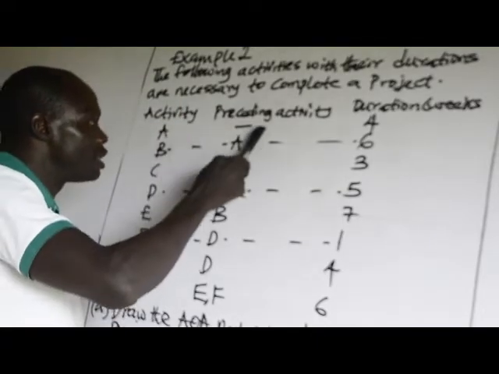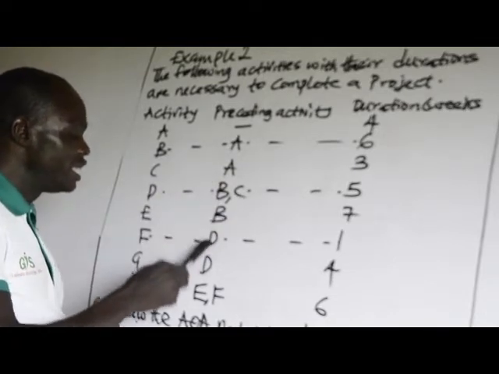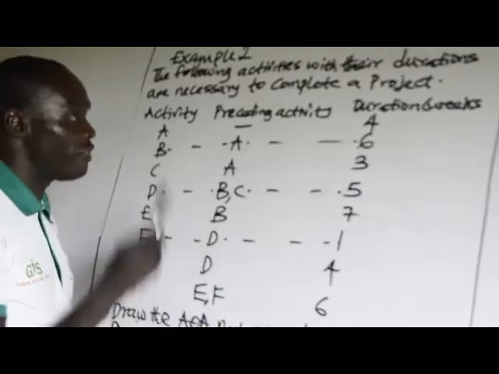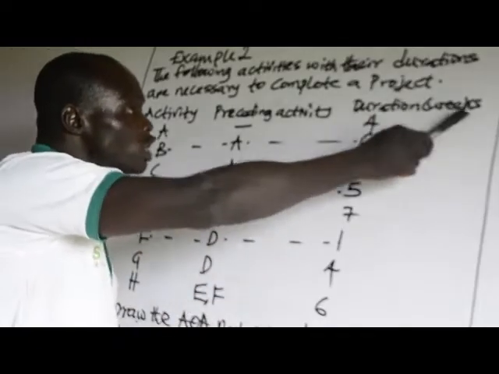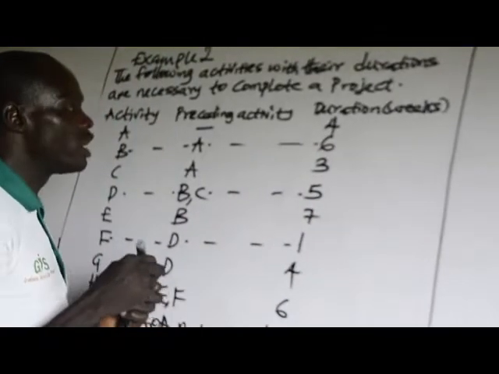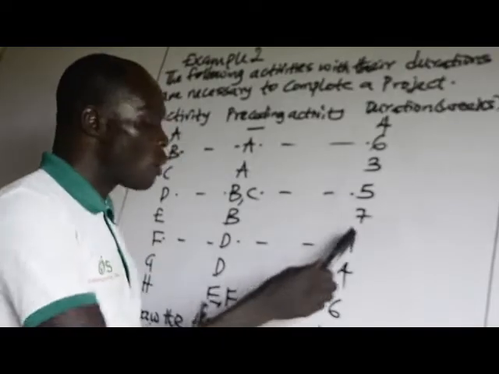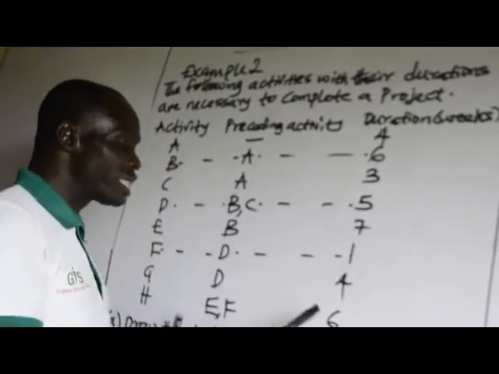You have A, B, C, B, D, D, E, and F. Then you are equally given their durations in weeks: 4 weeks, 6 weeks, 3 weeks, 5 weeks, 7 weeks, 1 week, 4 weeks, and 6 weeks.